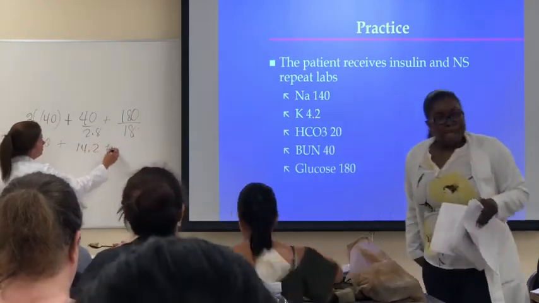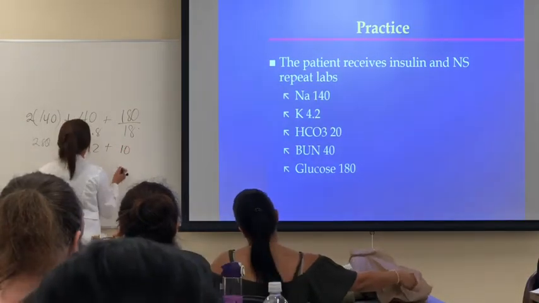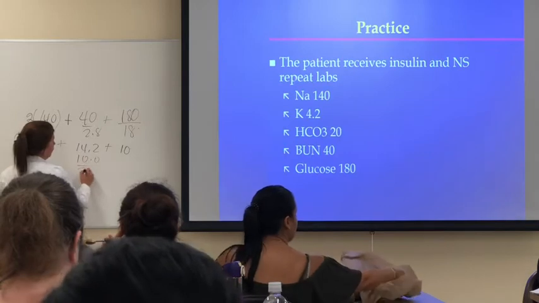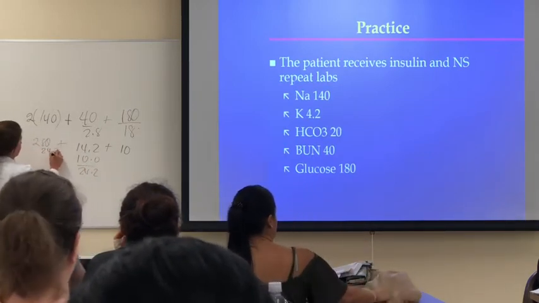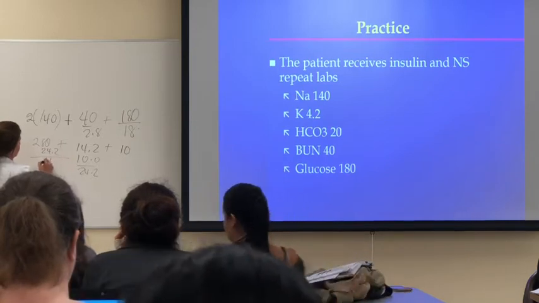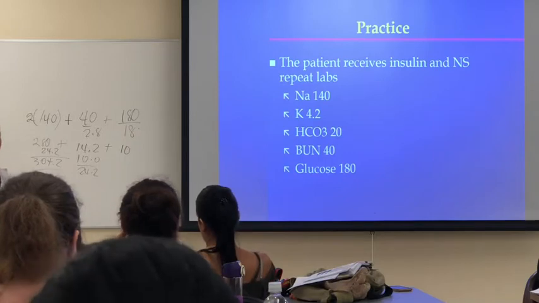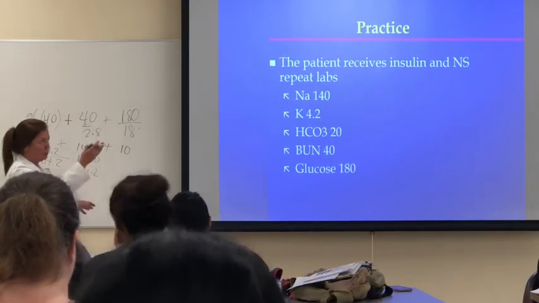And 180 divided by 18 is 10, right? So this is going to be 24.2. 304.2. So it's still elevated, right? It's over 300. So the movement is going to be the same.